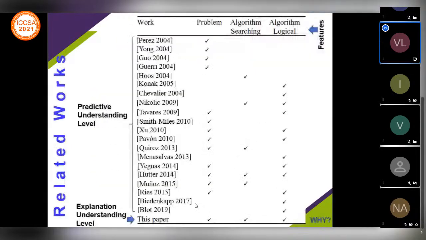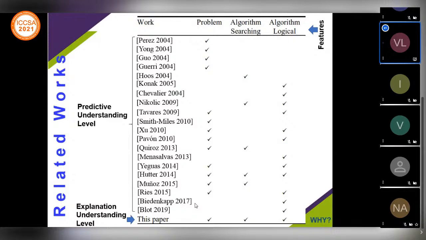So, the scientific community of different disciplines, such as combinatorial optimization, machine learning, artificial intelligence, and other fields of knowledge, has worked for describing and analyzing the experimental relation between problem and algorithm, with the objective of solving a real problem optimally.